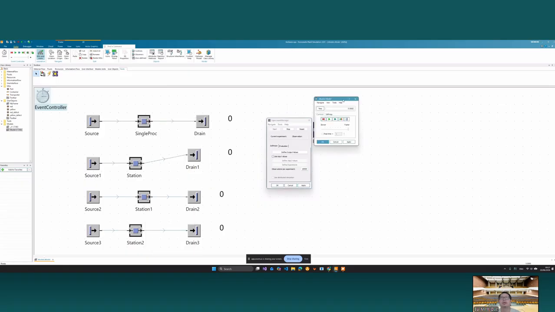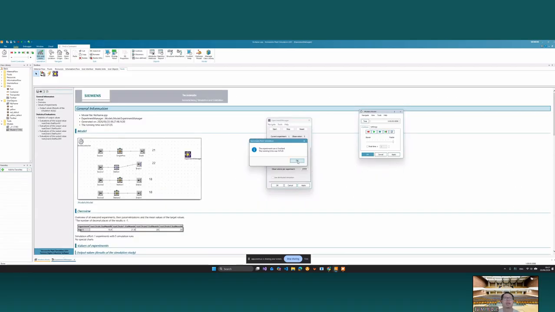Reset, and then you can start your simulation model, and then it will give you the results. My computer is very powerful. It can run 10,000 experiments in 0.012 seconds. I don't know about your computer.